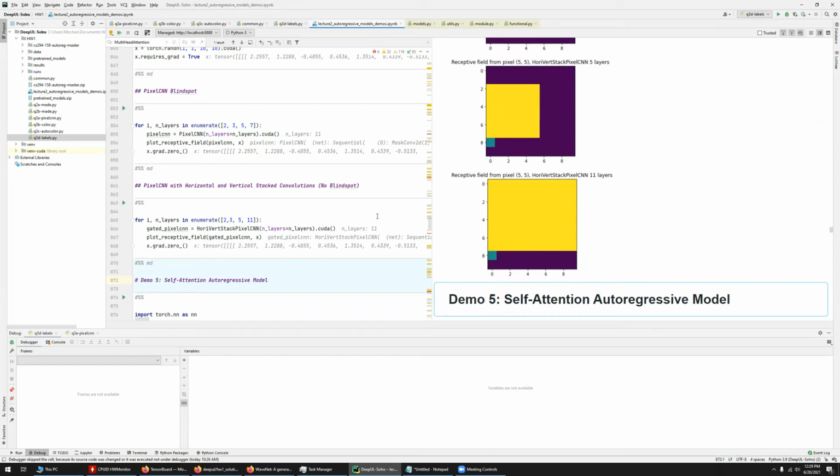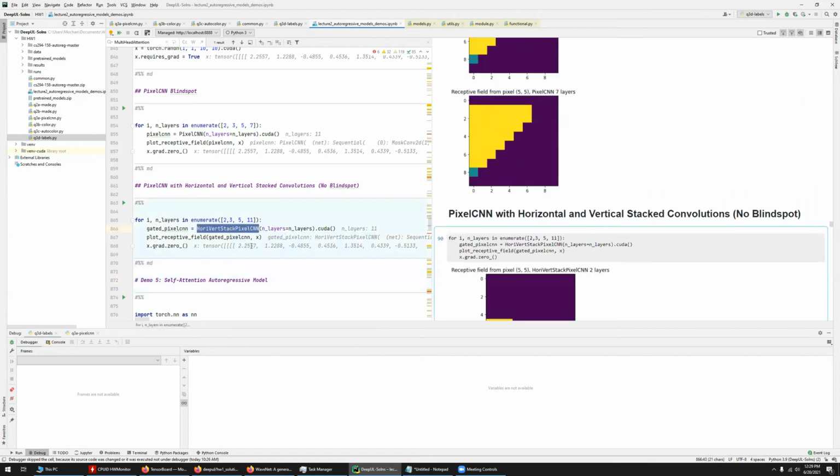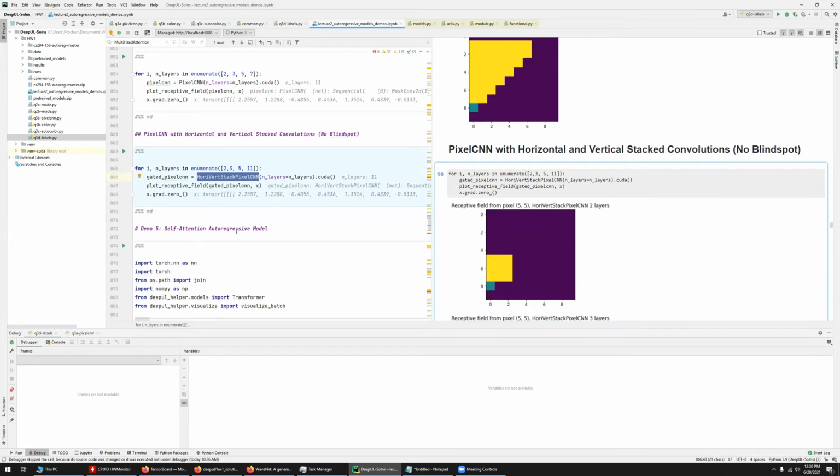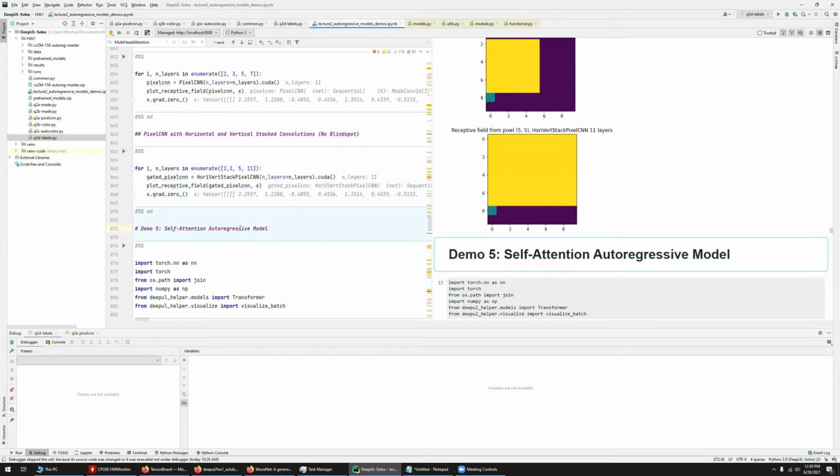And so they have the horizontal vertical stack PixelCNN. So they have 2 different masks, a horizontal and a vertical mask. This is given in the homework. Yeah, and the way they combine it is also important and interesting. I think the tutorials that I've pointed to take you through the implementation pretty well.